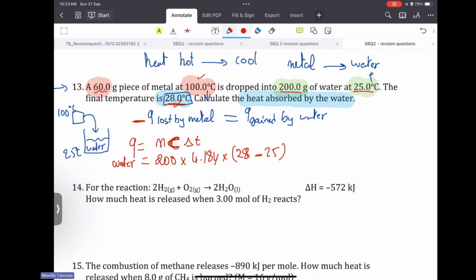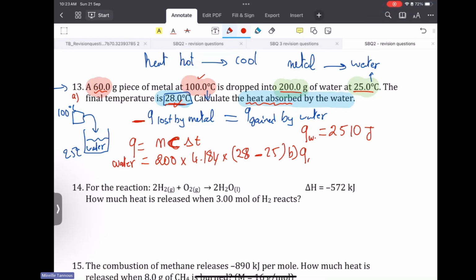So the water gained, 28 minus 25 times 4.184 times 200. So the Q of water is equal to 2000 joules. Now, usually this is a part A question and there will be a part B question asking you directly to find the heat lost by the metal.